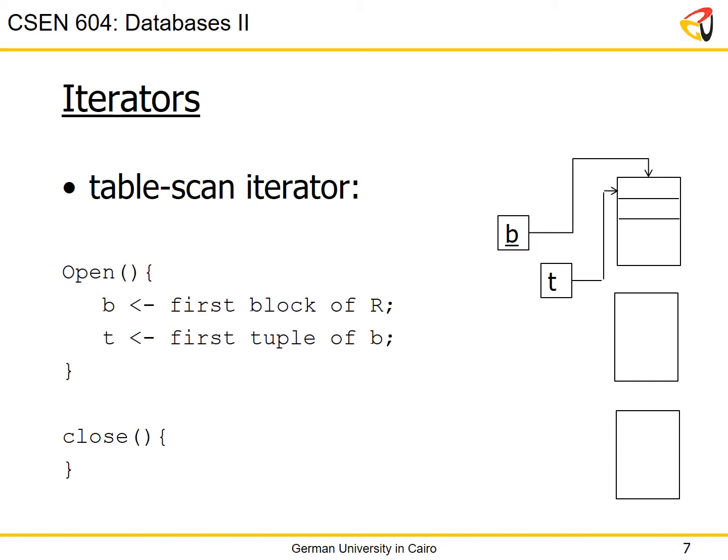There are three methods: an open, a close, and a method that's usually called next or get next. I know this will sound familiar because if you've used Java, especially during CS4, you should have seen iterators on array lists or on vectors or on other data structures in Java.